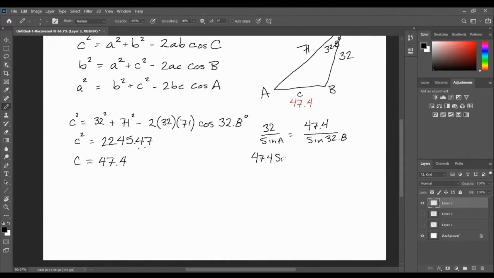47.4 sine A equals 32 sine 32.8. Divide by 47.4.